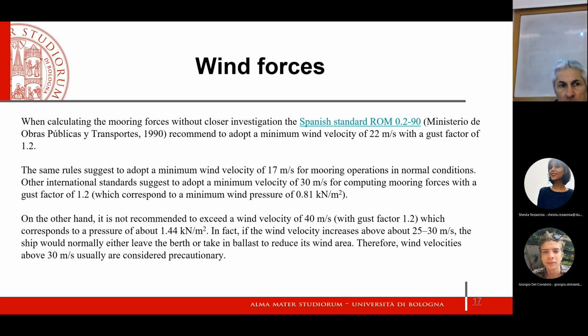If they have this opportunity, the ship may be loaded and therefore without ballast, and if a critical situation occurs, then the captain can load ballast in order to reduce the exposure of the ship to wind. So usually wind velocities of no more than 30 meters per second are considered a good choice. But once again, look at the specific context and specific regulation.